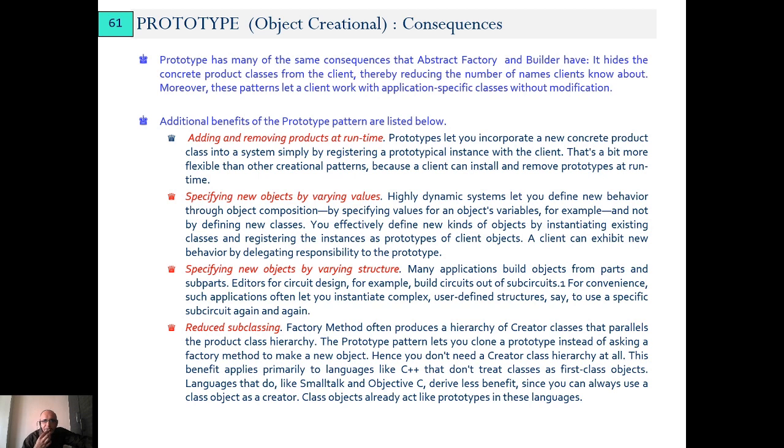So consequences are there: adding and removing the products at runtime, varying values for objects, reduced subclassing. You are not following nesting of classes or increased detailing. So only one level of cloning is needed.